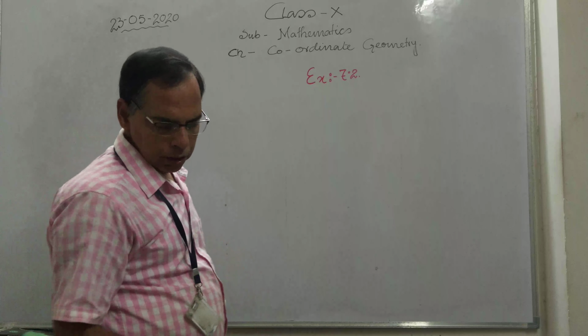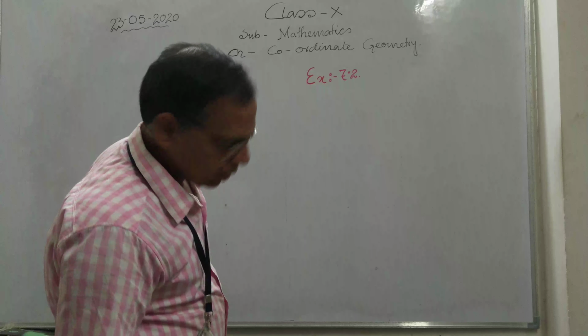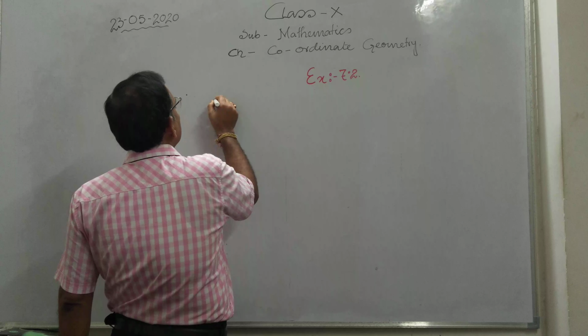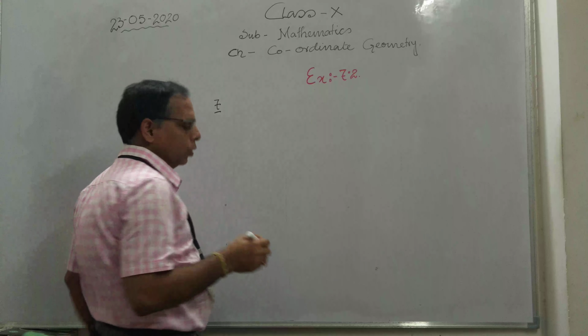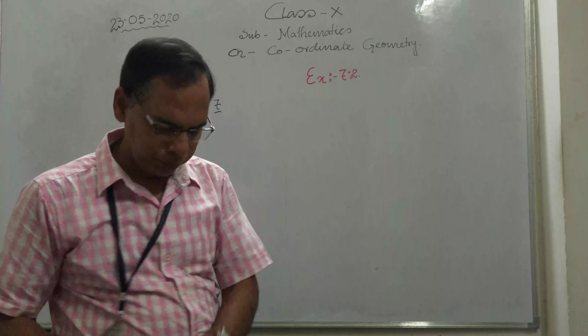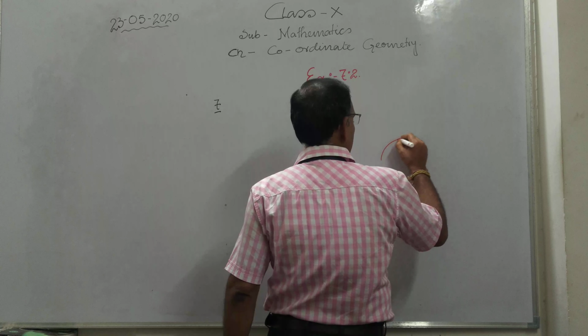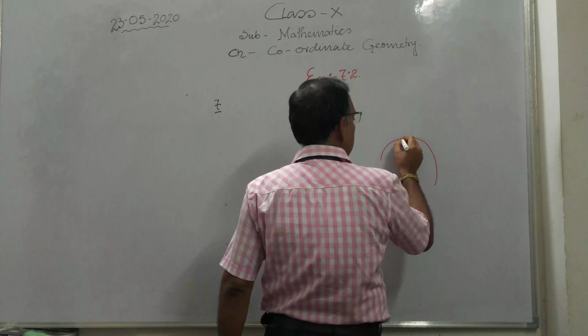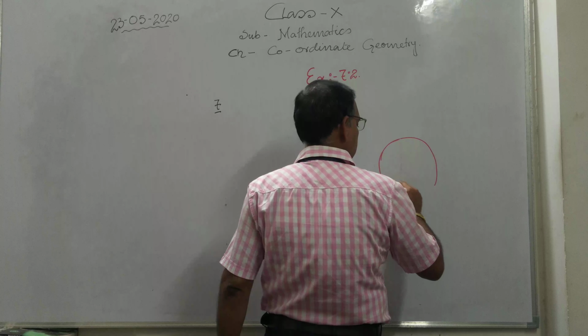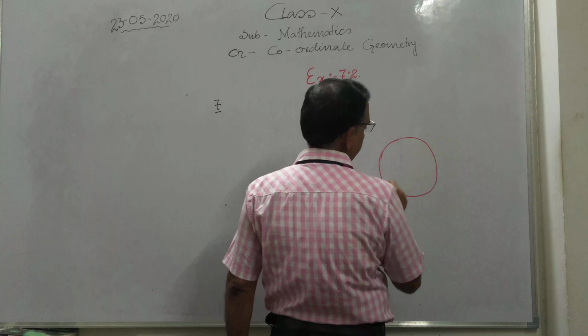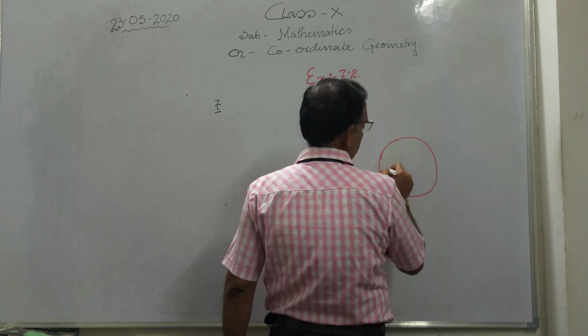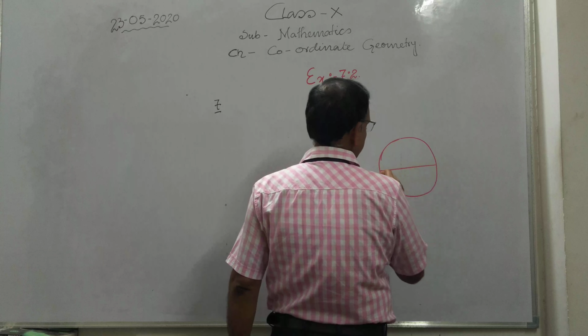So everybody please draw a circle. Question 7. Draw a circle. Remember, whenever a diagram is needed, please draw the diagram. Now, this is the diameter.